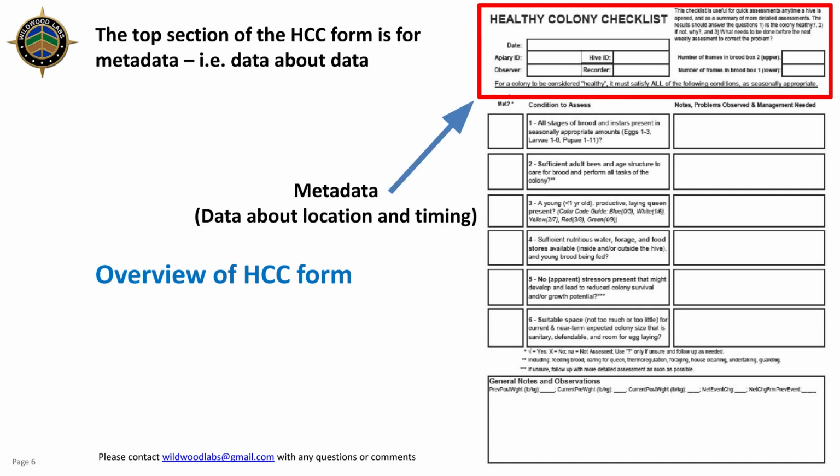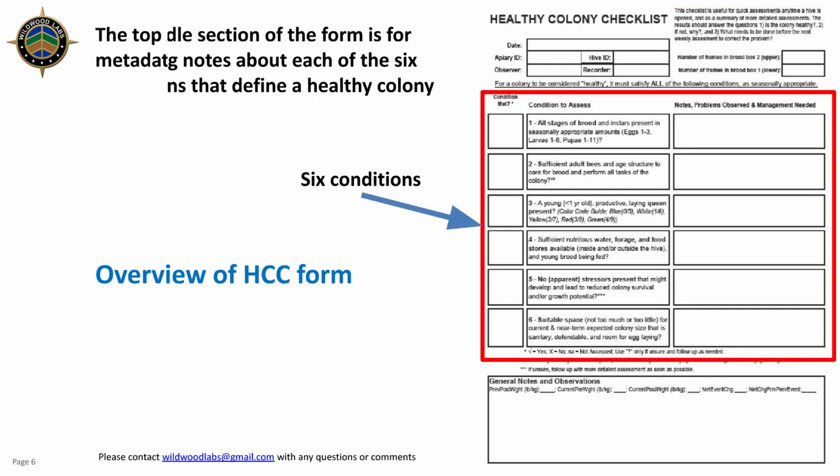The top section of the HCC form is where metadata is recorded. Metadata is data about where the observations were made, such as hive ID and apiary ID, and the date observations were made. The middle section is for checking off the conditions as they are assessed, and for making brief notes for each condition to highlight what problems were observed.